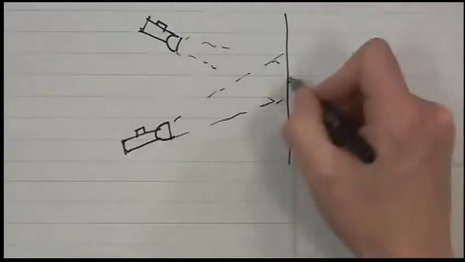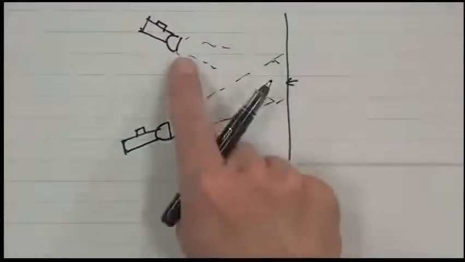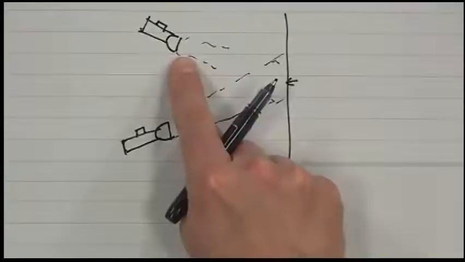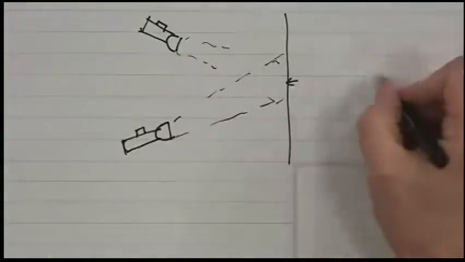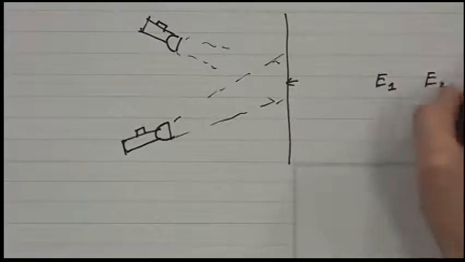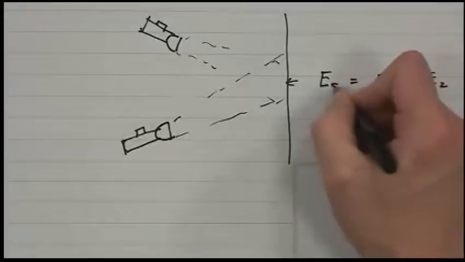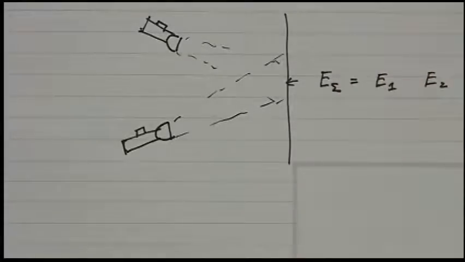If I measure the light intensity here in units of energy, I take this flashlight and measure the energy E1, and then the other flashlight E2. When I turn both flashlights on at the same time, what do you think the energy is?